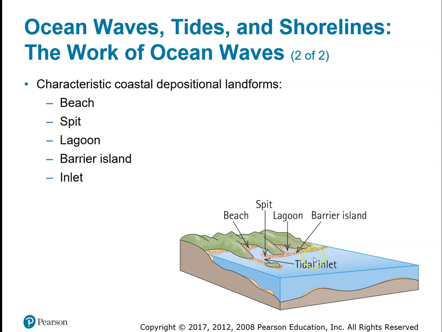Basically, this is deposited material, mostly sand in the case of the eastern United States, that will eventually build up, and when it becomes an island, enough organic material is on what was originally the spit, and plant life will start to grow, and you'll actually have this full-fledged barrier island.